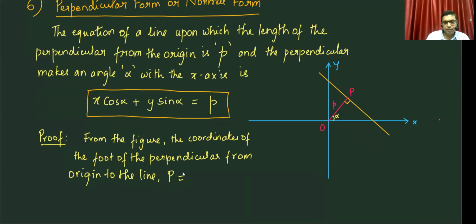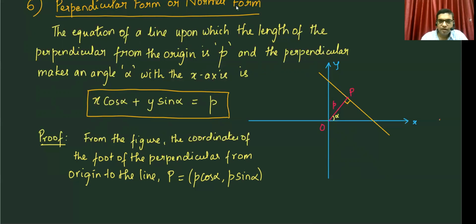The coordinates of the foot of the perpendicular from the origin to the line are p cos alpha, p sin alpha.